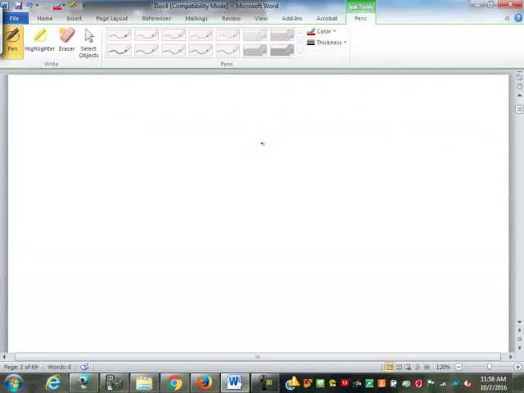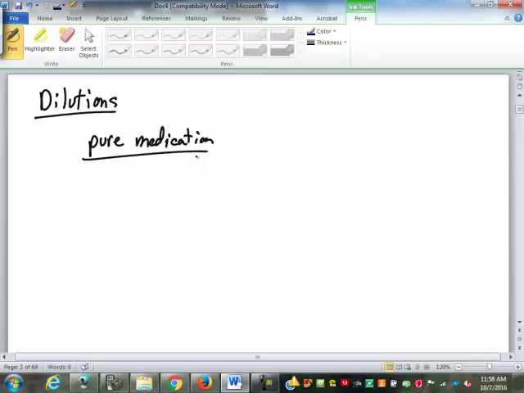Another major application in medicine for us is something called the dilution. And we're going to talk a considerable amount about dilutions. A dilution is one of two things. Either you are taking a pure medication, pure serum, and you are diluting it into a fluid that is non-medicinal, no medicinal value.